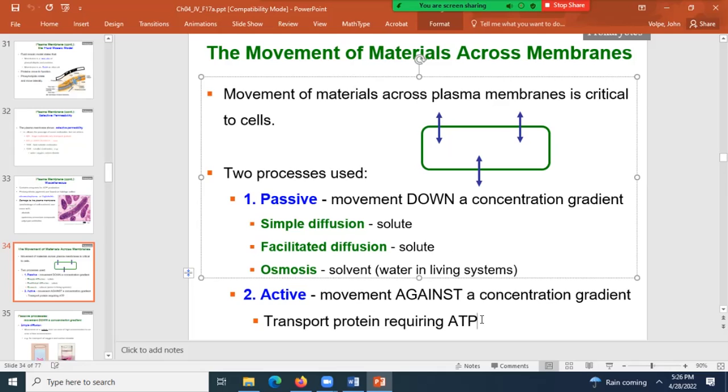A good example of this would be an amino acid. The cell is going to want to take an amino acid into the cell, even if it's at low concentration outside the cell and high concentration inside the cell, because we need amino acids to make proteins. And so the cell will use an active process to transport that amino acid into the cell against its concentration gradient.